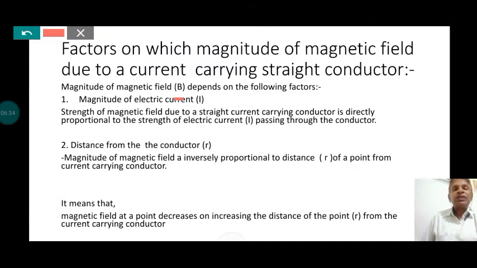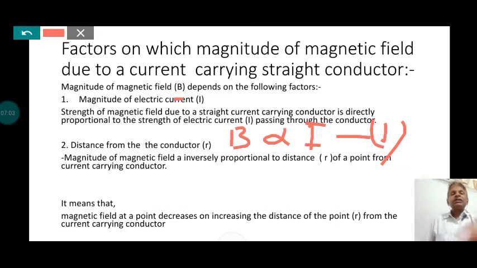The first factor is the magnitude of the electric current I. The strength of the magnetic field due to the straight current carrying conductor is directly proportional to the current I passing through the conductor. That may be written as B directly proportional to I. This is the first equation.